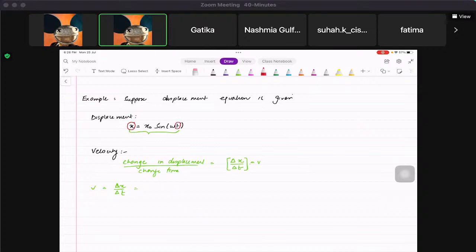Can you tell me what will happen now? I just showed you through the tables. So I'm going to write sine changes to cos, right? And omega comes out. So can I write it as x naught, omega comes out, and then change it to cos omega t? Can I write this?